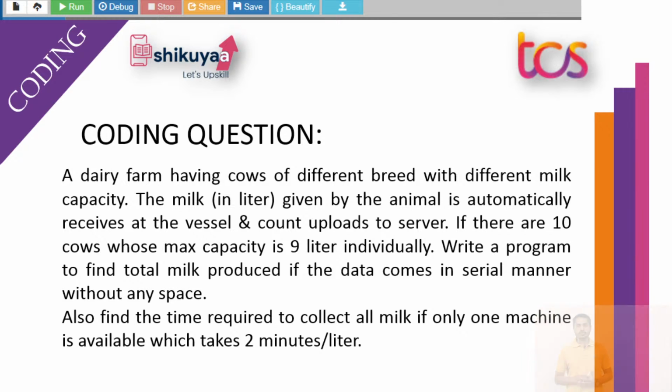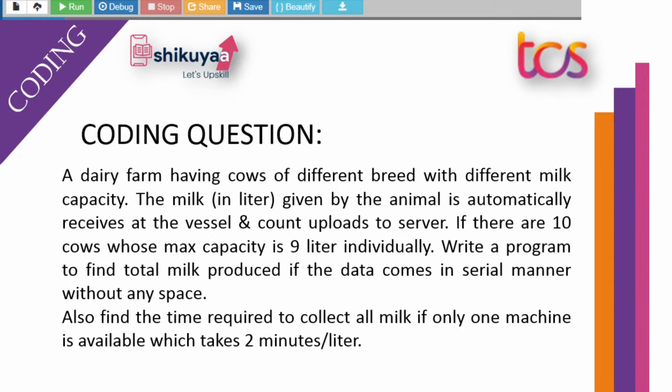I'll read the question for you. It is visible on the screen also. A dairy farm has cows of different breeds with different milk capacities. The milk, in liters, given by the animal is automatically received at the vessel and the count uploads to the server.